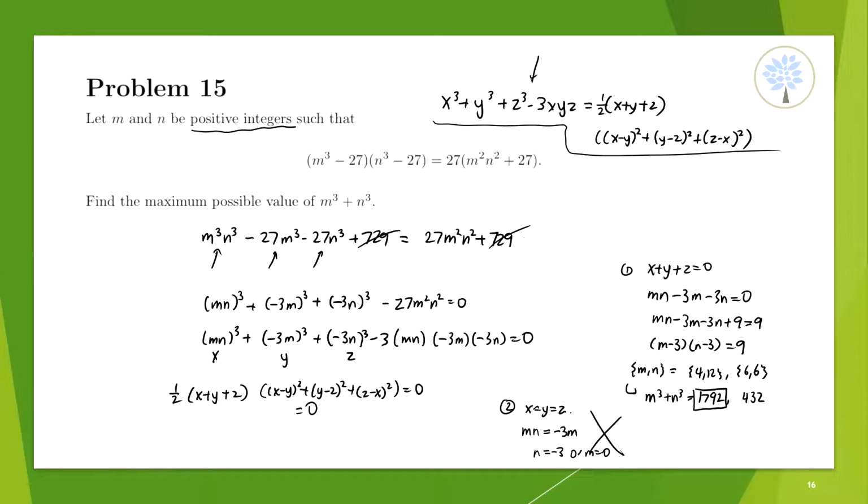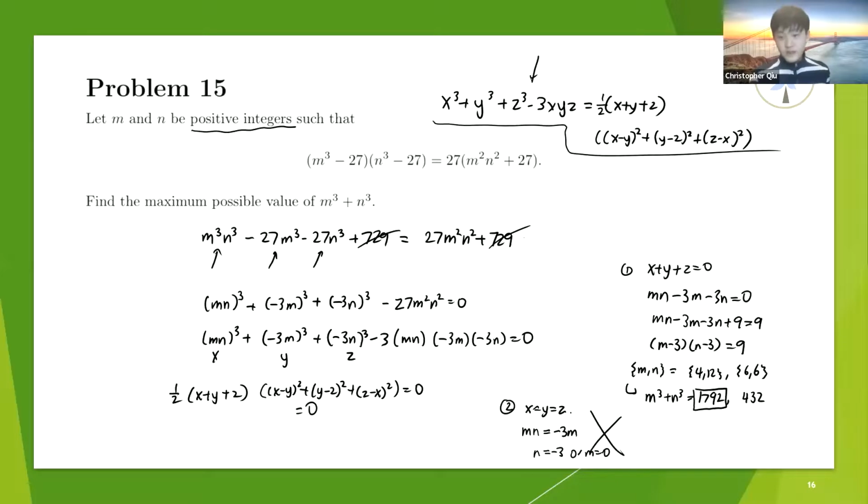Can you write the formula in the chat and explain why you got it? Oh, sure. So the formula is x cubed plus y cubed plus z cubed minus 3xyz is equal to a half times x plus y plus z times (x minus y all squared plus y minus z all squared plus z minus x all squared).